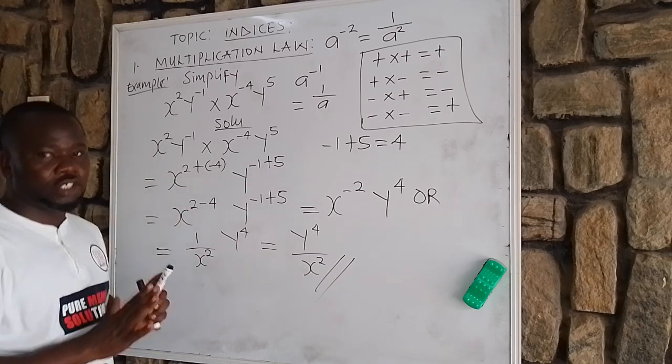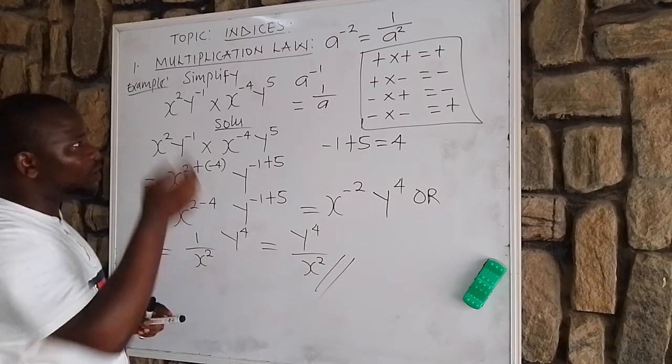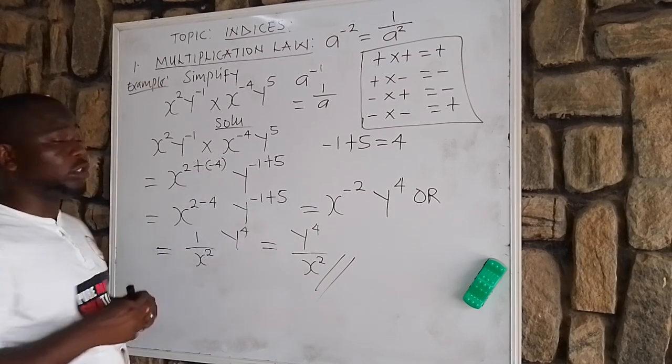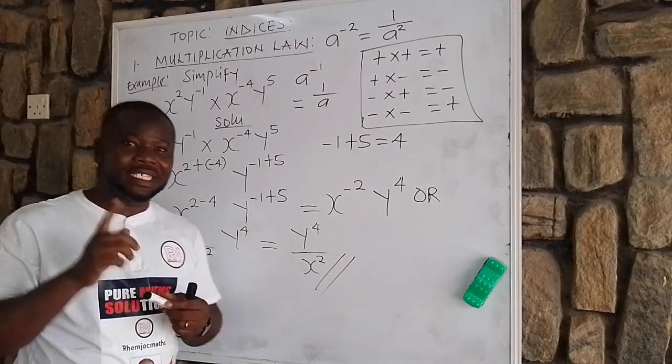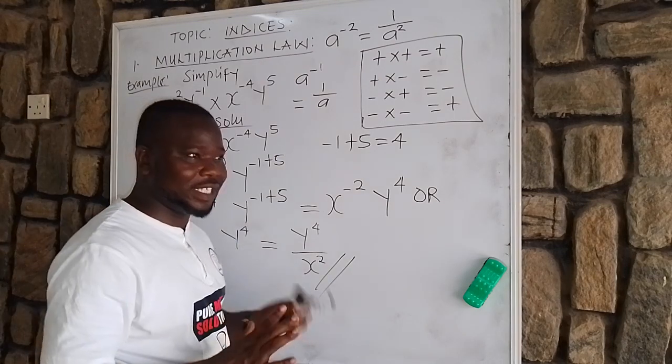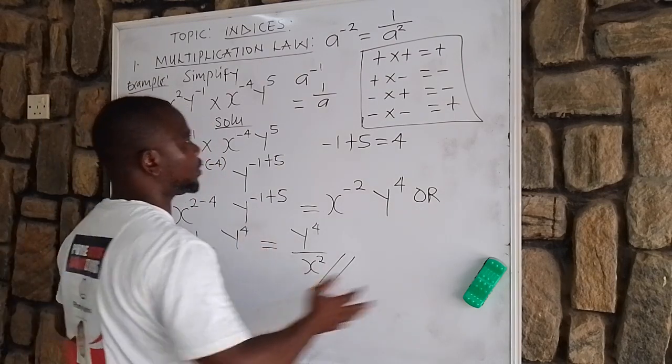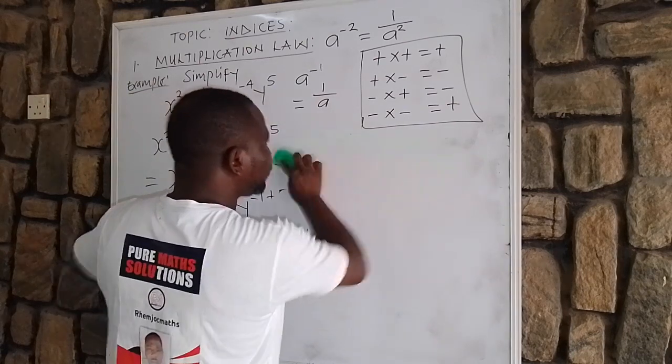That is multiplication law. So now I want to look at division law. I told you we are going to look at indices, so it's indices we are looking at. Is that clear? Then we begin to solve problems. Are you following? Okay.